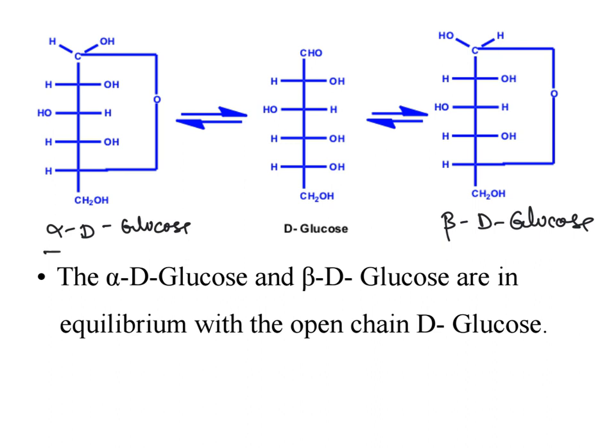For example, if we take pure alpha D glucose, the specific rotation is 112. Once we dissolve it, this cyclic ring opens and is converted into D glucose, and D glucose is again converted into beta D glucose. So a mixture of products is formed, and due to this the optical rotation decreases.